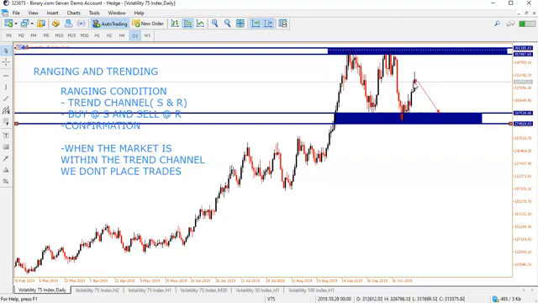So if you take your trade within the trend channel, then you would have mistaken yourself, because there is a high risk that you might lose a lot of money here, guys. We don't actually know where to place our stop losses or whatsoever.